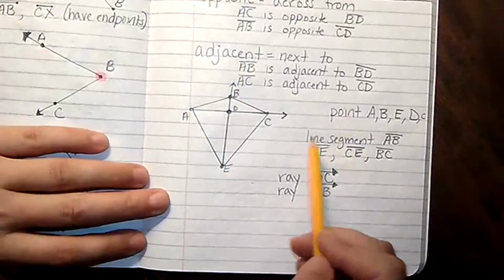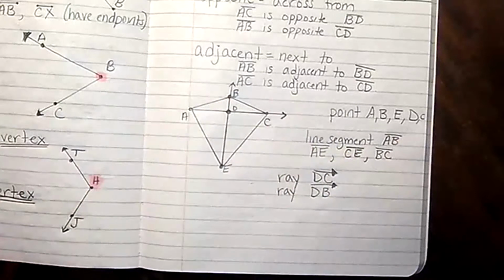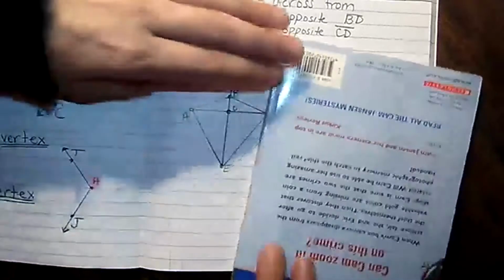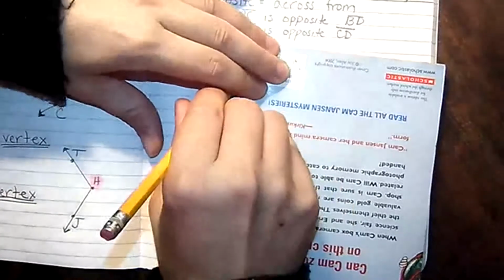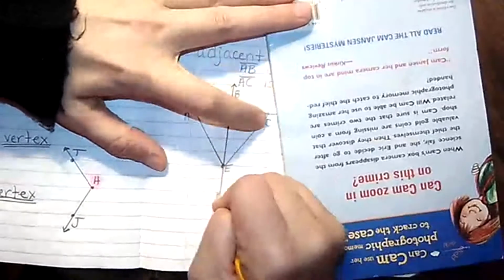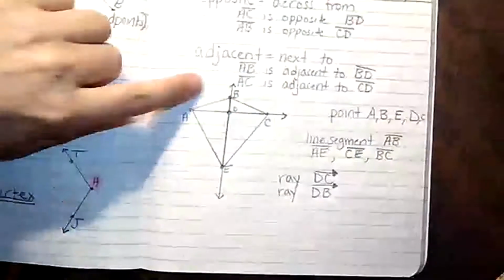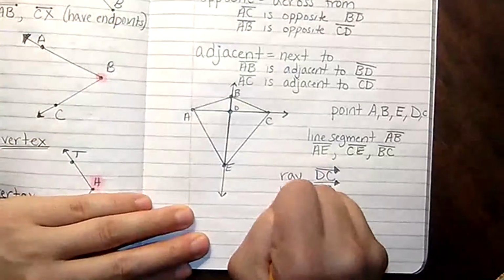So I have points, I have line segments, I have rays. What can I do to turn something on my picture into a line? You said extend it down. You are absolutely right. I need this line going in both directions. And if I extend my line in both directions, suddenly I have an arrow at the top and an arrow on the bottom. This looks like it goes on and on forever.